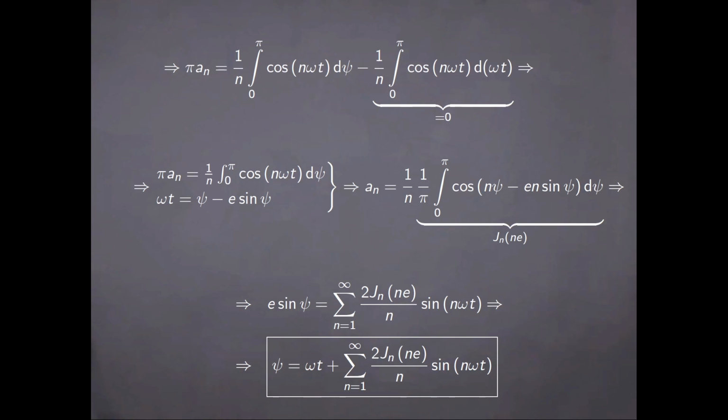Now the reason we have done this is because the result here happens to be the integral representation of a Bessel function of order n and argument n times the eccentricity.